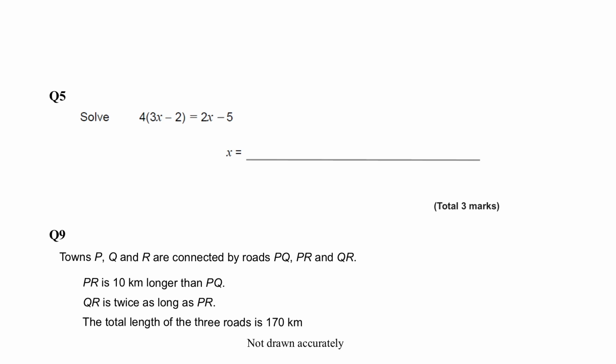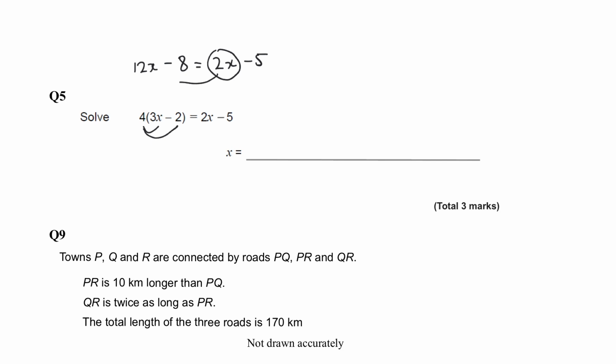Then if we move on to question 5, it says solve this. In order to solve, you're basically working out what the letter is equal to as a numerical value. The first thing is we're going to expand the brackets. That will be 12x minus 8, because remember a positive times a negative is a negative, is equal to 2x minus 5. Then you want to collect the x's together and the numbers together.